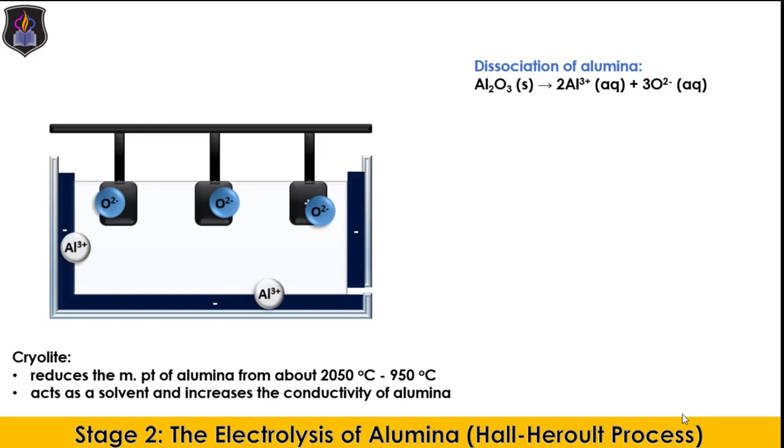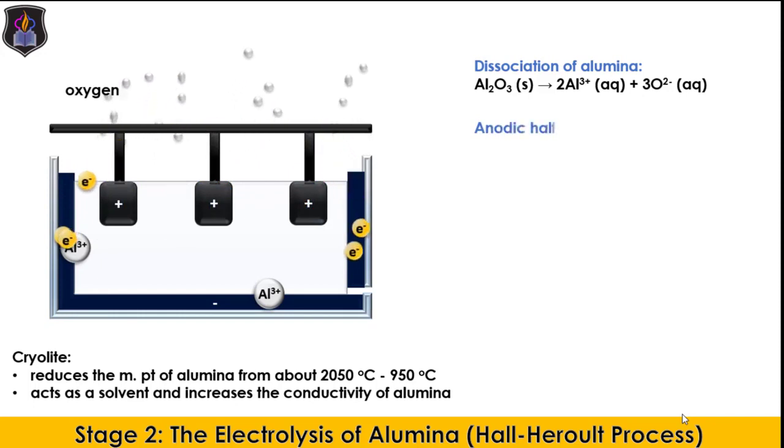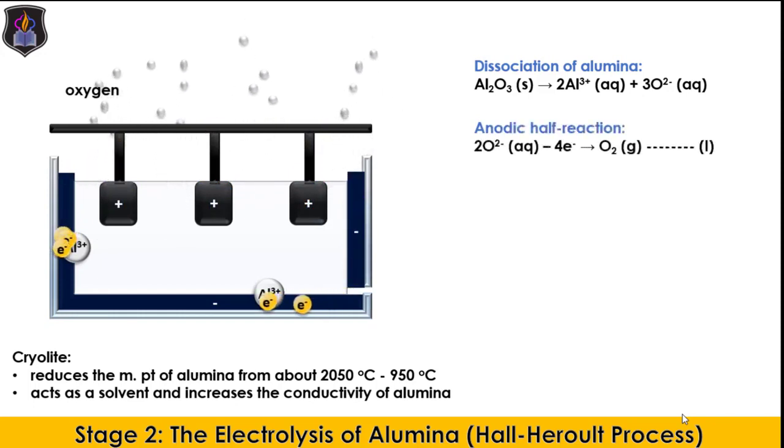The oxide anions migrate to the positively charged anode, while the aluminum cations migrate to the negatively charged cathode. At the anode, the oxide ions undergo oxidation by losing 2 electrons to form oxygen gas as shown in the anodic half equation.